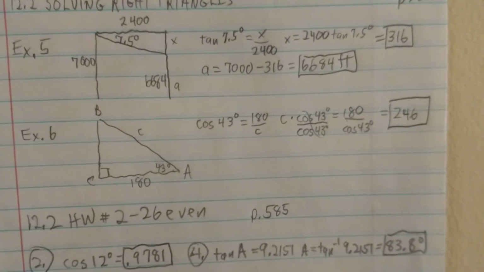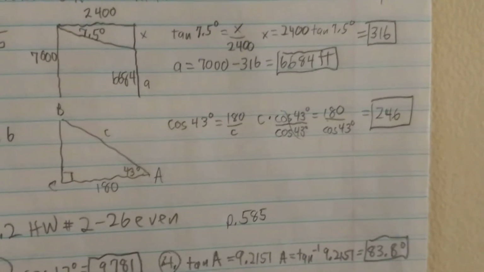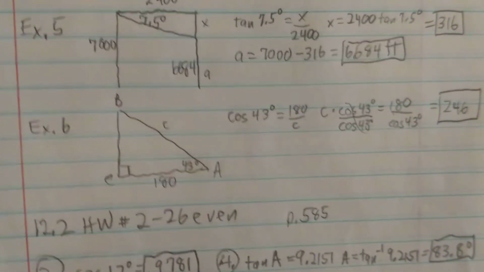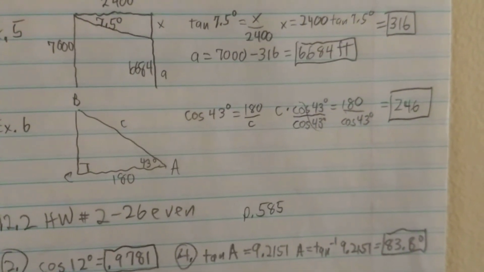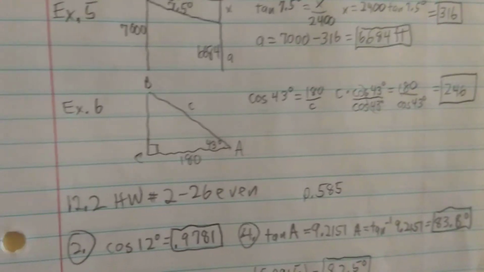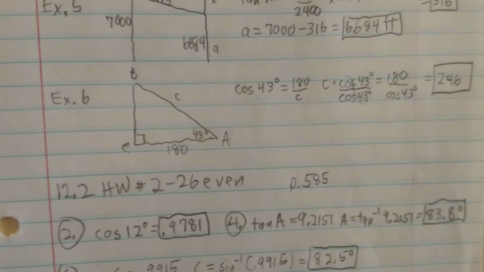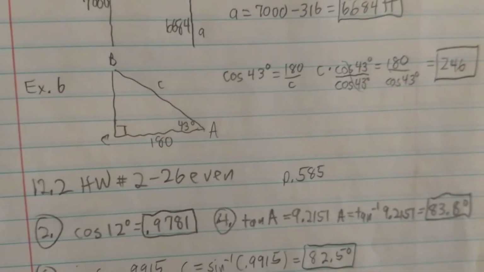So cross multiplying, x is 2400 tangent 7.5, or 316. So the whole height, 7,000, take away 316, leaves 6,684 feet.